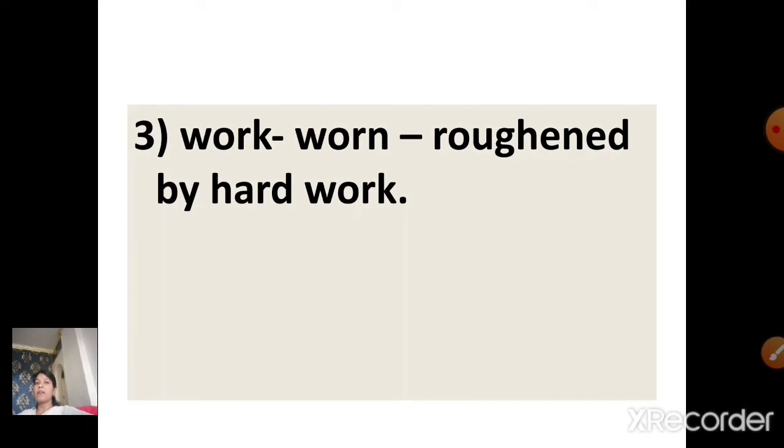The next one, work worn. Again this is a phrase. W-O-R-K, work.